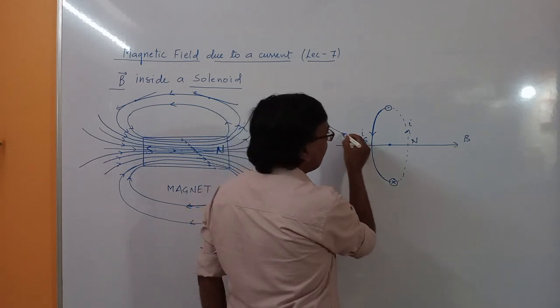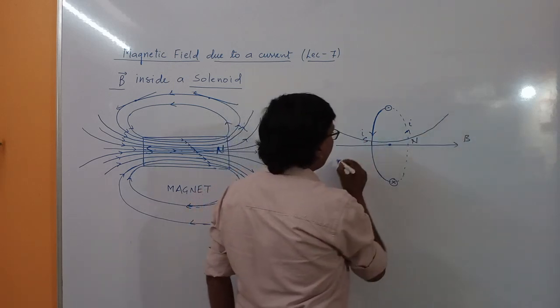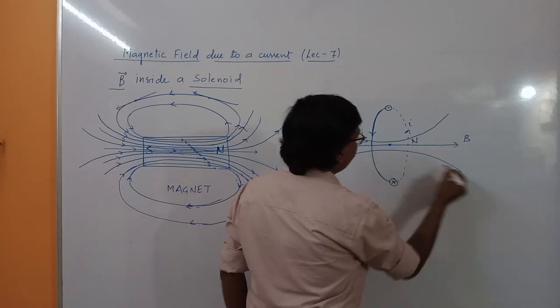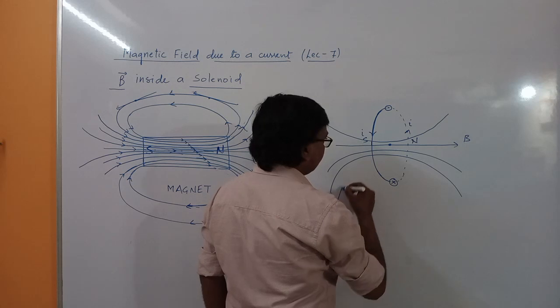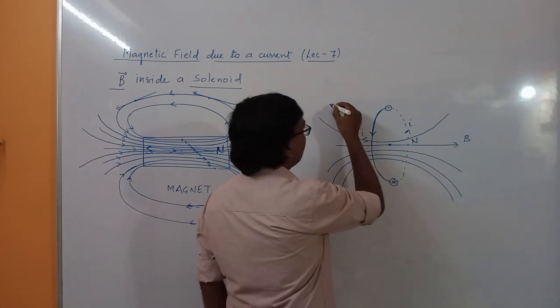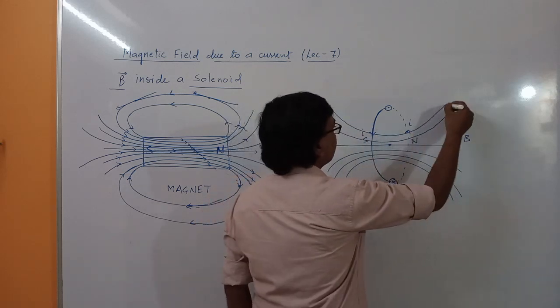Then again you can draw these lines. So here we are drawing the magnetic field lines. So these are the magnetic field lines.